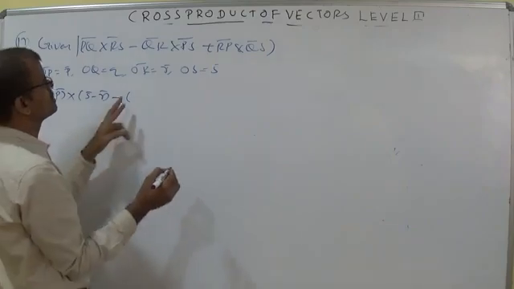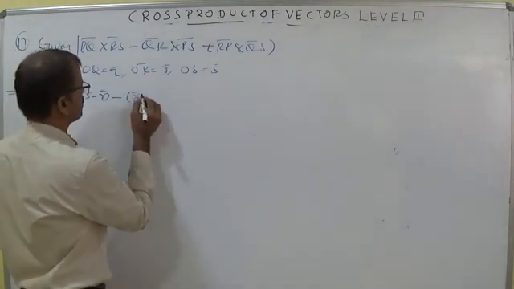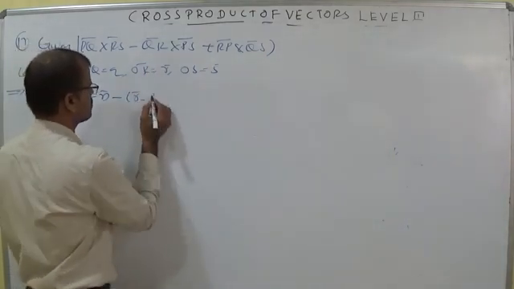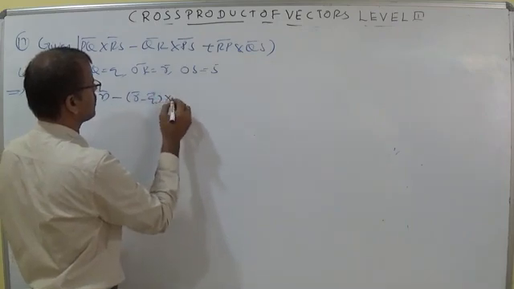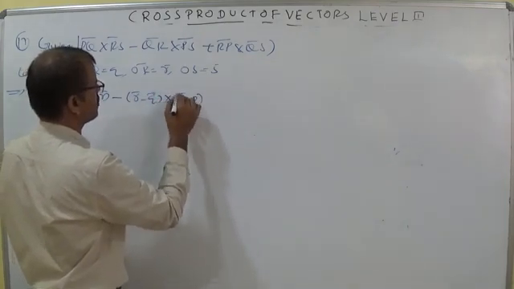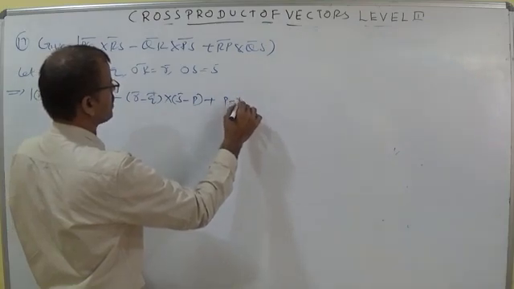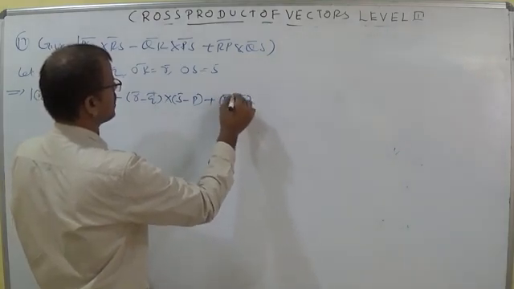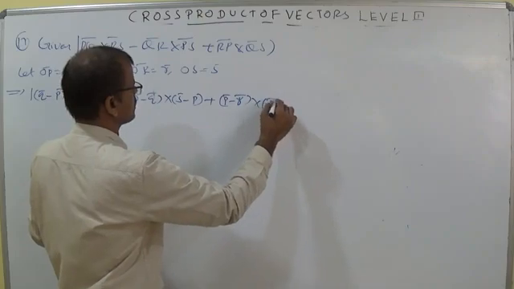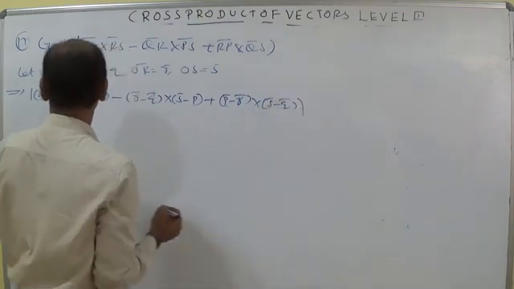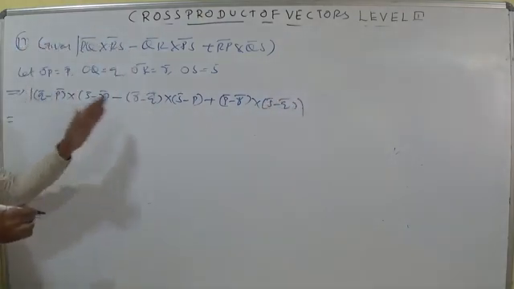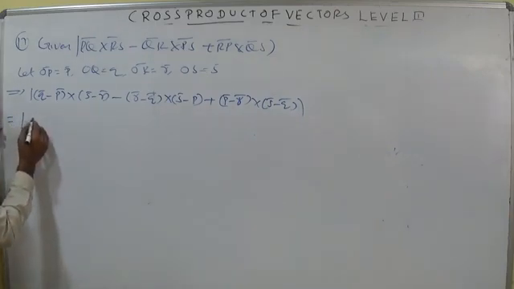Minus QR, so you can write R bar minus Q bar cross S bar minus P bar, plus P bar minus R bar cross S bar minus Q bar. Now let us multiply with cross product.